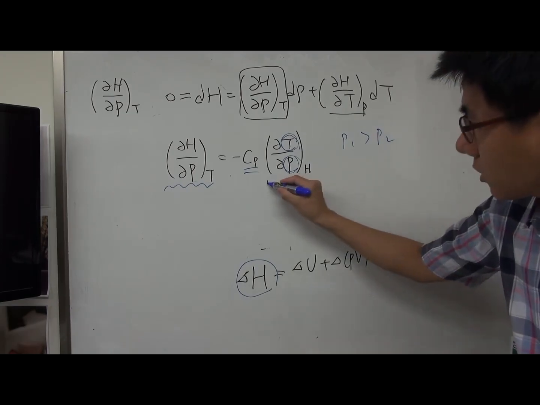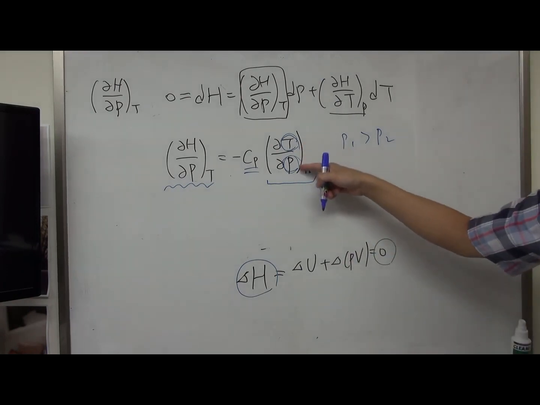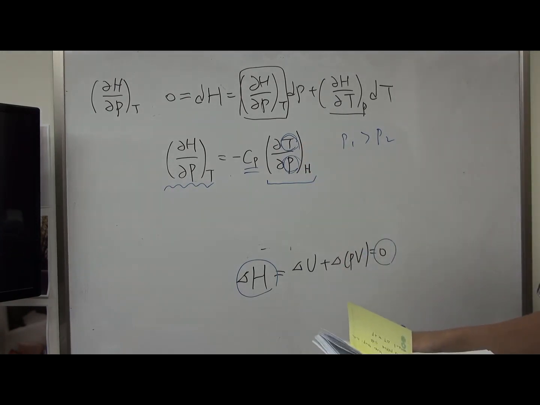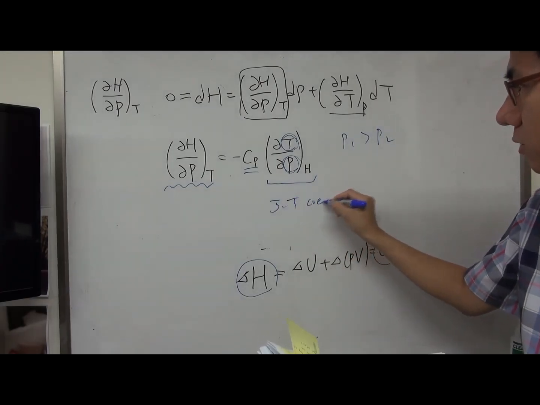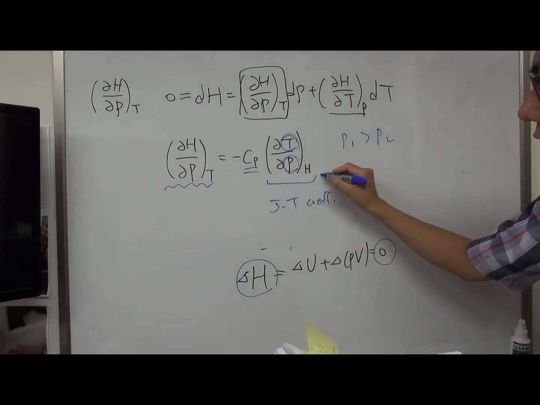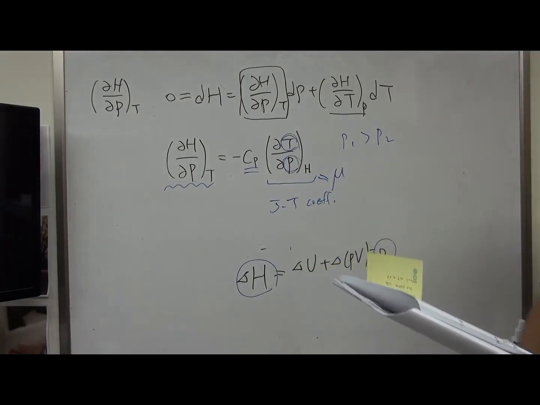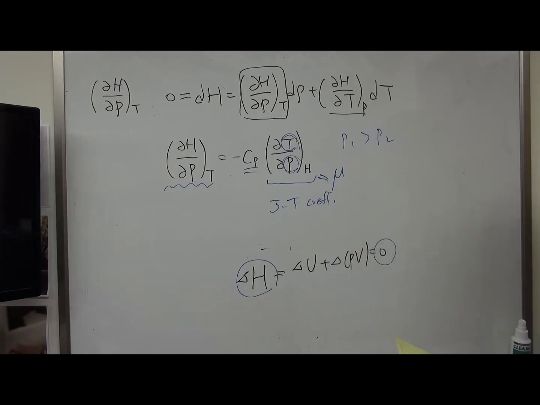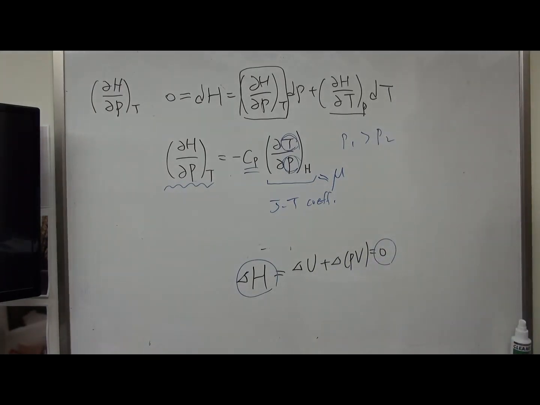And this experimentally determined value, ∂T/∂P at constant H, is called the Joule-Thomson coefficient, which we denote as mu. Mu, the Joule-Thomson coefficient.